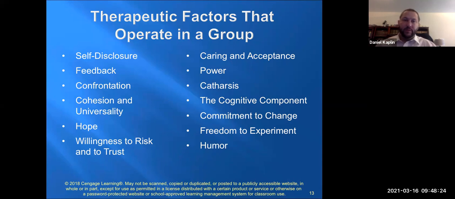Hope, purpose. Now, these are a list you might have seen in the first lesson as well, but now you're starting to see them really at play and how they actually come about.